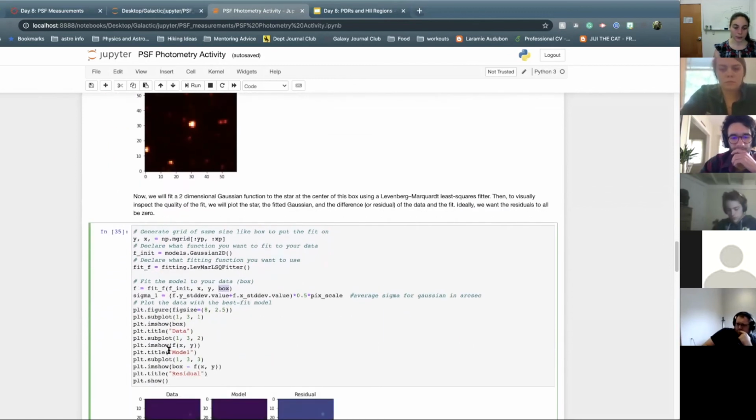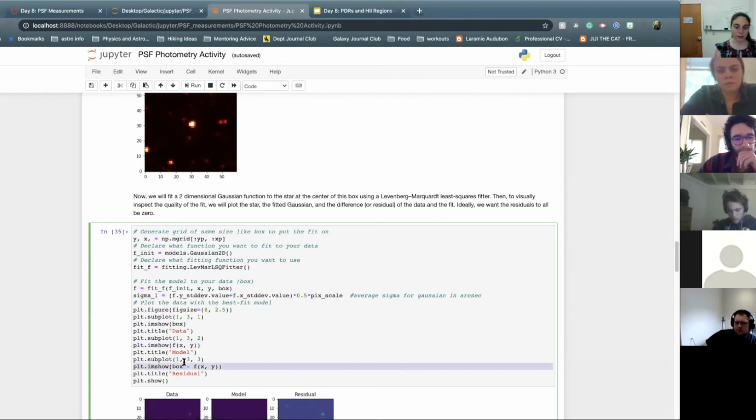The rest of this is just plotting all of our data, our model, and the difference between them. So I make 3 plots. I say, plot my data, plot this little postage stamp. In the next plot, plot my fit: F, X, and Y, this is my model.